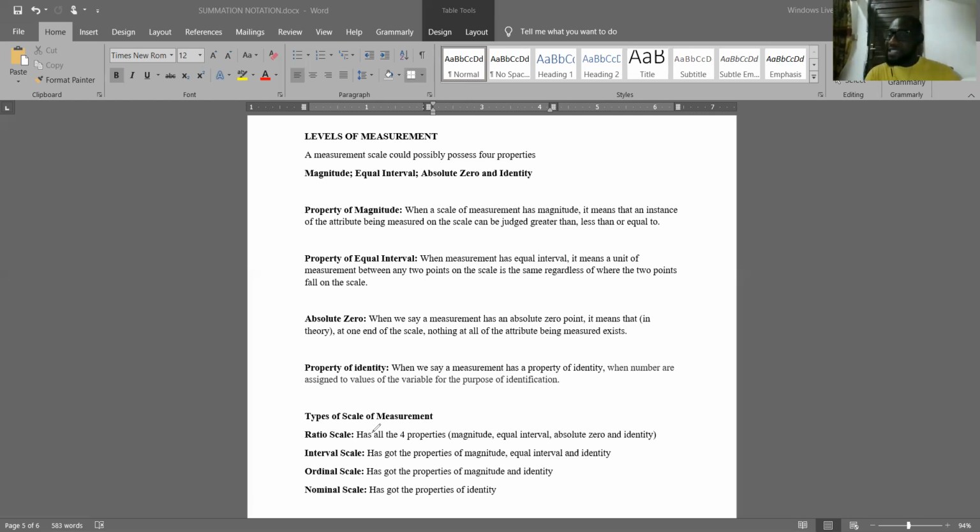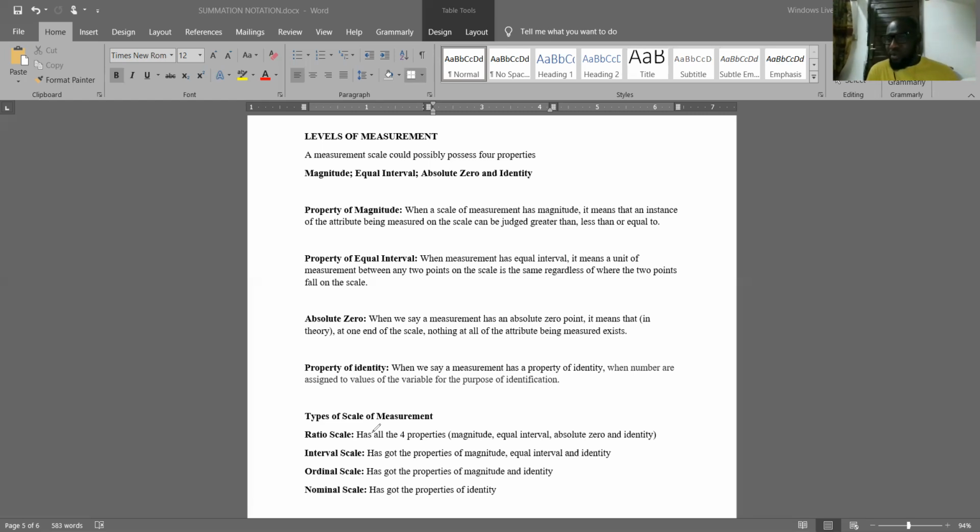What it implies is that it is very cold. So when it is 0 degrees Celsius, it means there is still temperature in there.